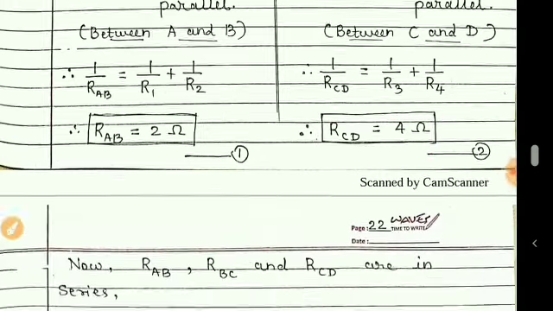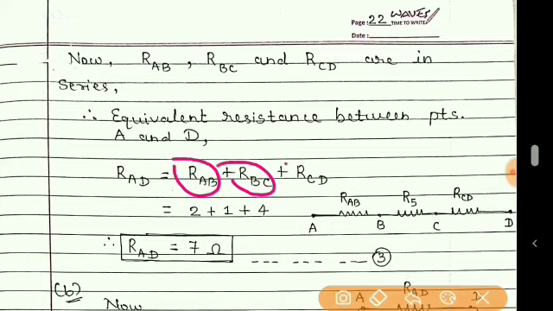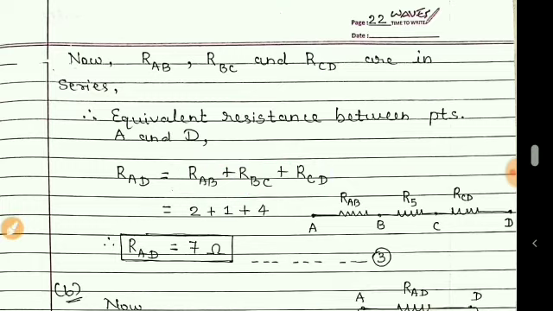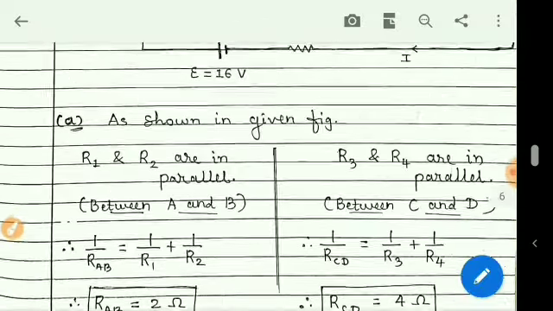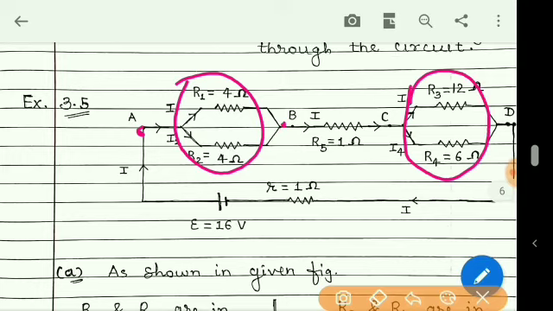Now resistors RAB, RBC and RCD, they are in series. Students, you can see here, now we can consider this resistor as only one resistor between points A and B. Also between points C and D, this can be considered as one resistor.